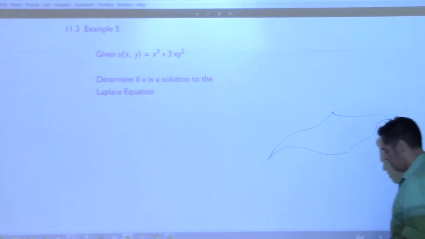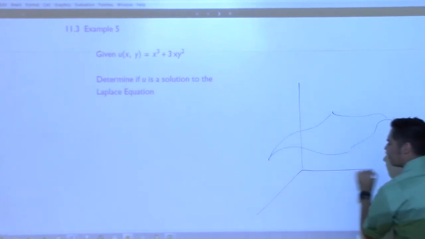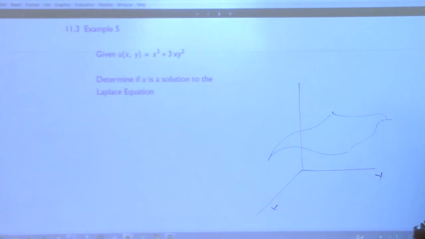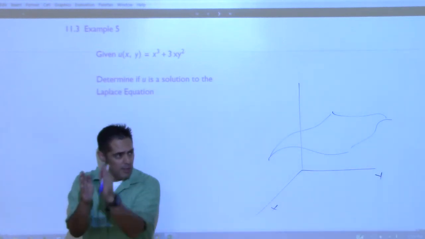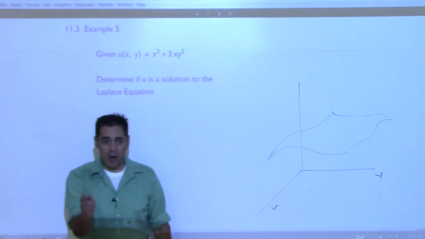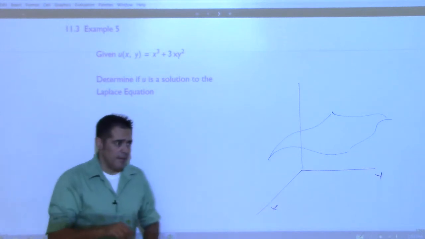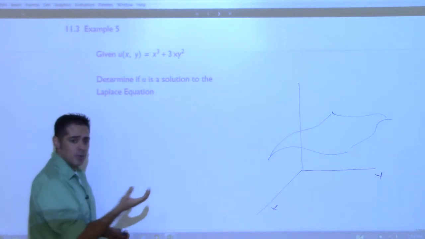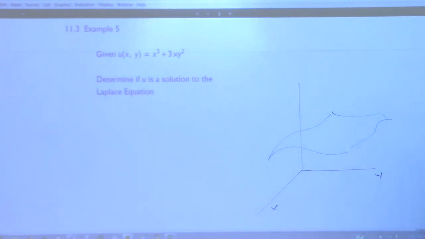Then if this is x and this is y, then the partial with respect to x gave us a slope of a tangent line this way, right? Slope of a tangent line. Partial with respect to y, slope of tangent line this way. Partial with respect to x twice gave us concavity, right? This way. And partial with respect to y twice was concavity this way. So to satisfy a Laplace equation, what are you actually saying has to be true?